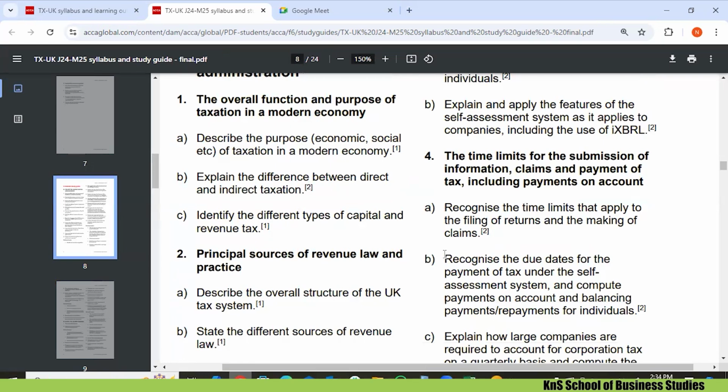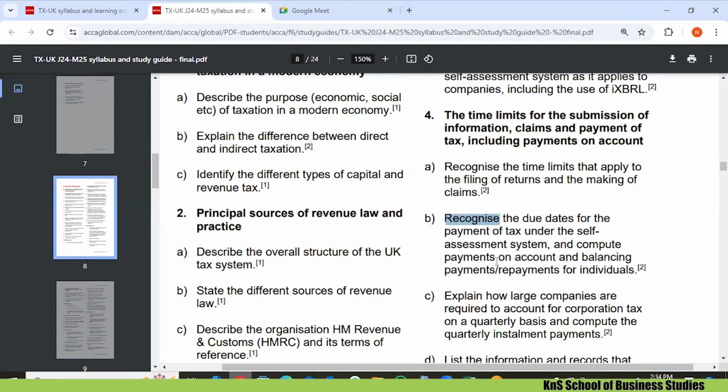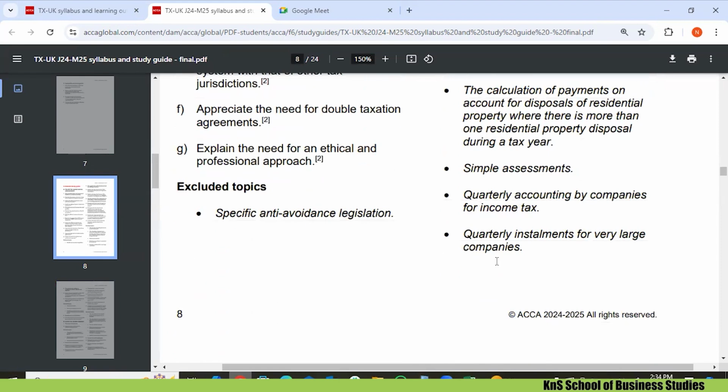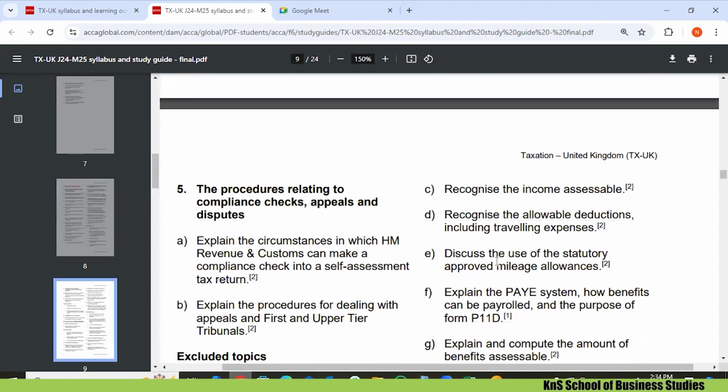You only have to recognize it, for example, if it asks you for 2 or 4 marks, what are the due dates for paying the income tax or for paying CGT. So you should know that this is the date, from the 6 months, from the 9 months, then you can pay it out there. It's the least examined part.